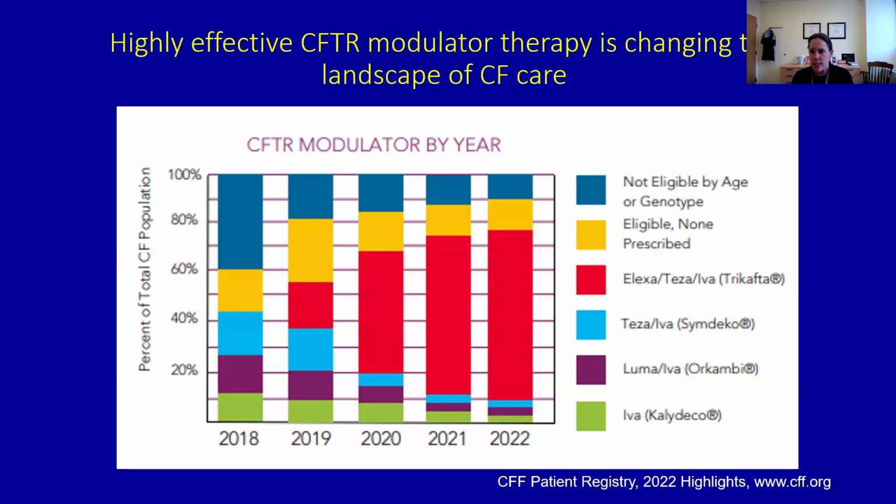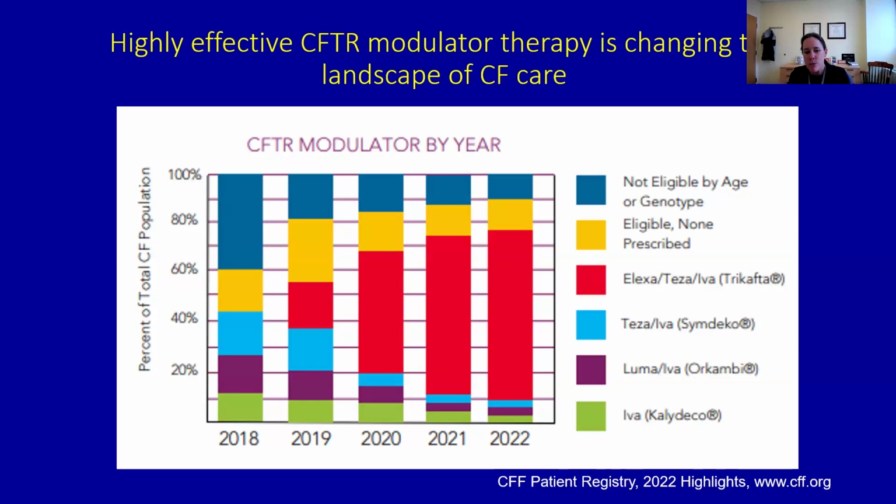These are medications that are pills, taken orally, and they actually improve the function of the CFTR protein and have been shown in studies to improve lung function and to improve nutritional status, with significant improvements in BMI. The newest of these modulators, elexacaftor, tezacaftor, ivacaftor, was released into the US first in 2019.